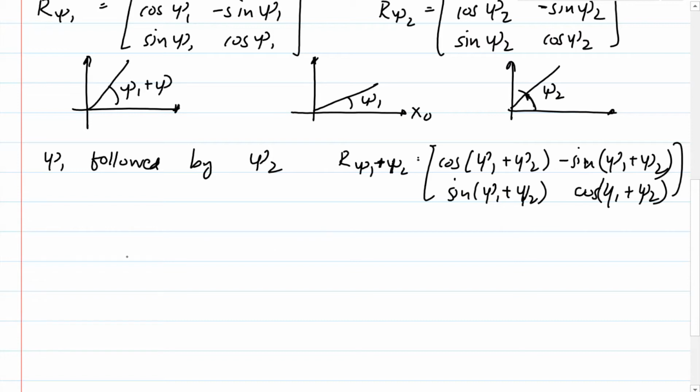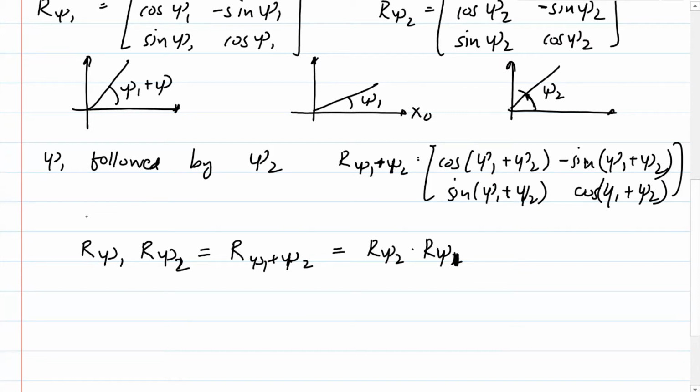The other way of looking at this is, if you do these rotations successively, then you'll have R psi 1 times R psi 2. If you multiply them, you'll see that it is the same as what I wrote here, which is also the same as what you'll get if you change the order of rotation, psi 2 followed by psi 1.